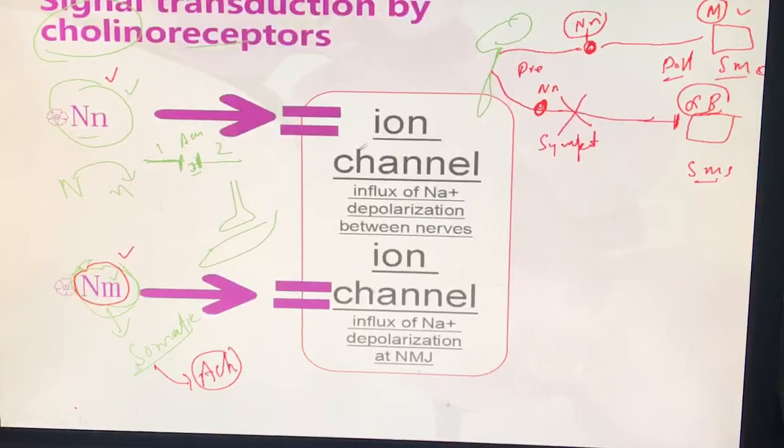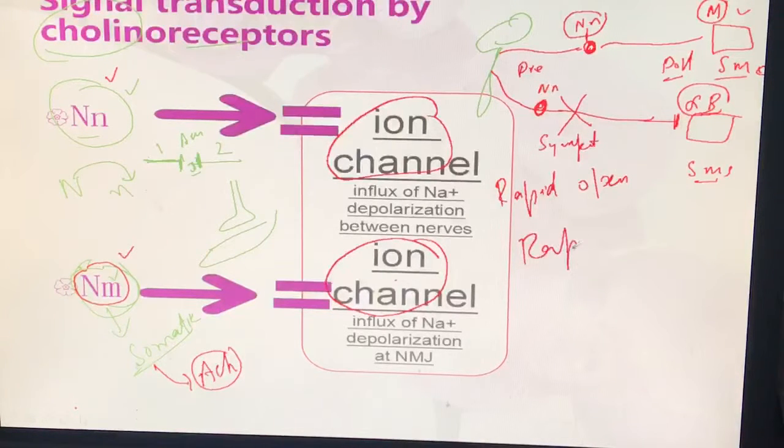You can see there is a link with an ion channel, and this receptor's ion channel very rapidly opens and rapidly closes. And if you stimulate these receptors again and again, what happens? These receptors will rapidly undergo inactivation.